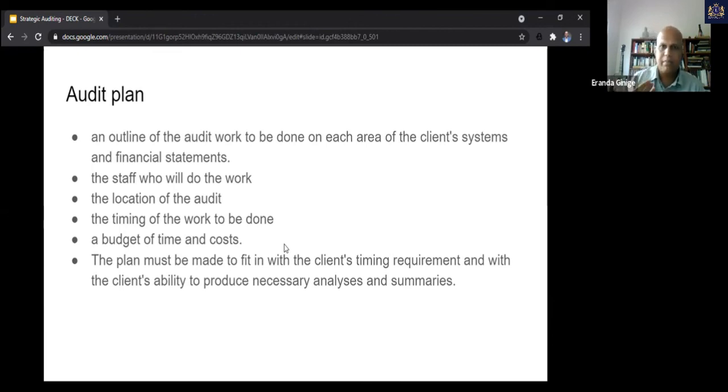So that becomes like your project charter, as we call it, or the letter of engagement. That's the work that you're going to do, and it will also clearly define the work that you're not going to do, right? So that is important for you, because this is part of your risk management as well.